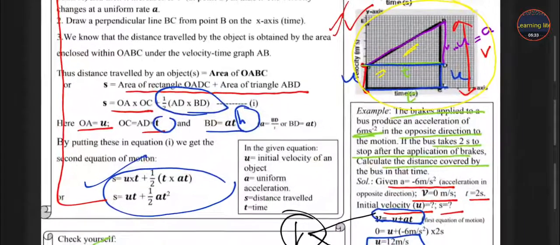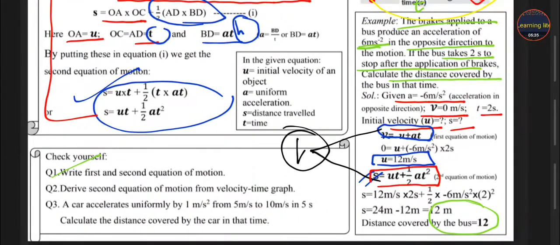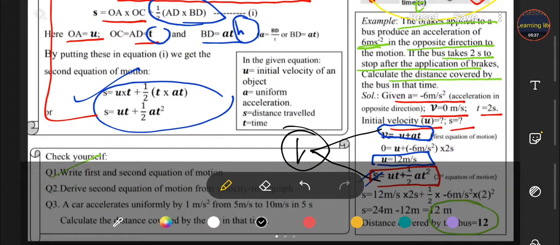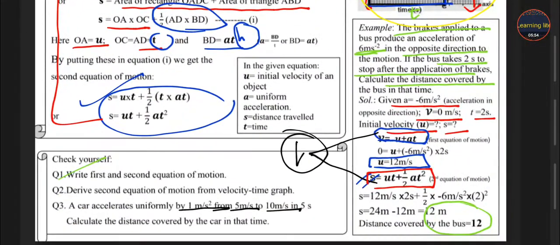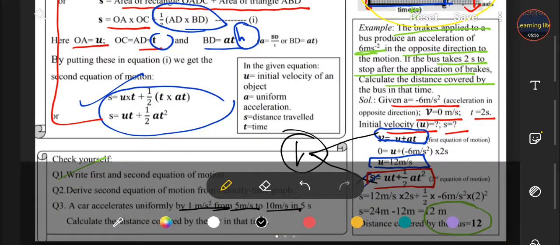Now move on to our third question, student. A car accelerates by 1 meter per second square, that is its acceleration, from 5 meter to 10 meter. It means 5 meter per second is the initial speed, 10 is the final speed, and time is given, 5 seconds. So we have to calculate that. Let's do that. The formula is given to you, student.